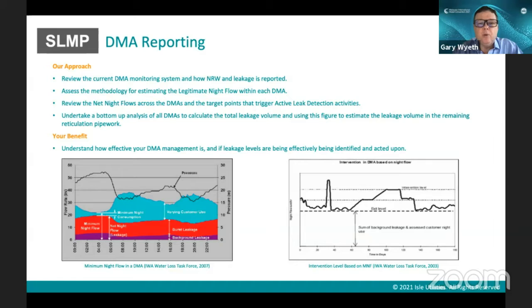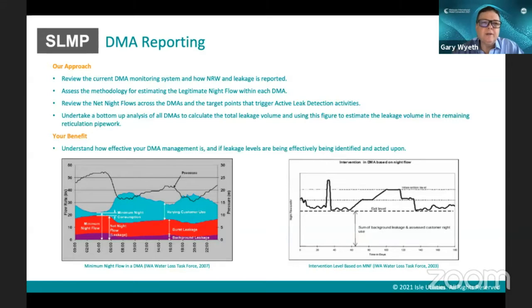And as I mentioned before, once you start to get hundreds, if not thousands of DMAs, you need to have quite a sophisticated monitoring system that's actually going to be automatically looking at all of the data within the flow and pressure within those hundreds or thousands of DMAs every day to actually analyze which DMAs need to be looked at in terms of real losses first, because that's the easy one, and then also apparent losses. So real losses can be estimated based on night flows.